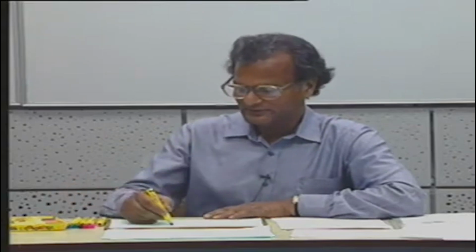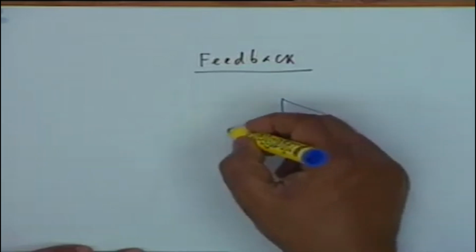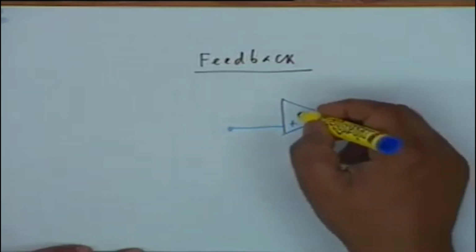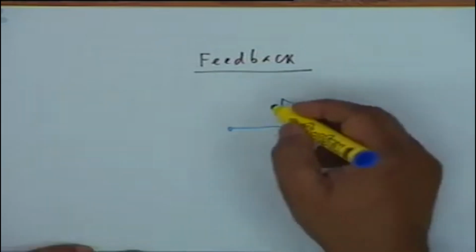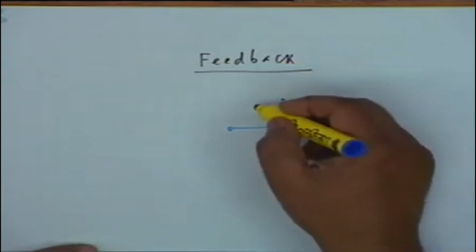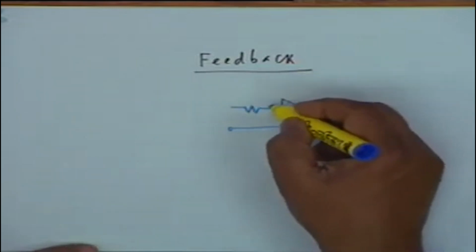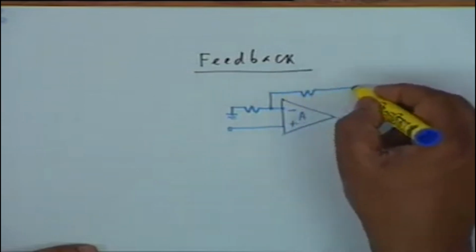For example, a common example is the op amp. As you know, in the op amp, the open loop gain is very large, tends to infinity, and if you wanted to make a non-inverting amplifier, then what you do is you use a resistance here and a resistance here.